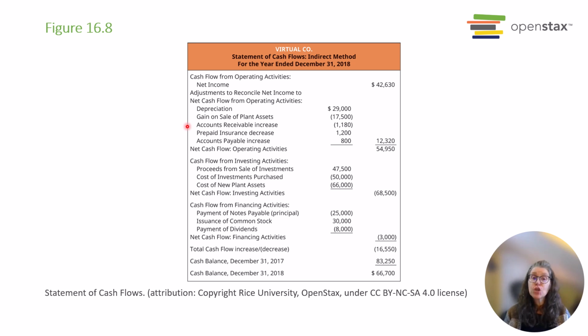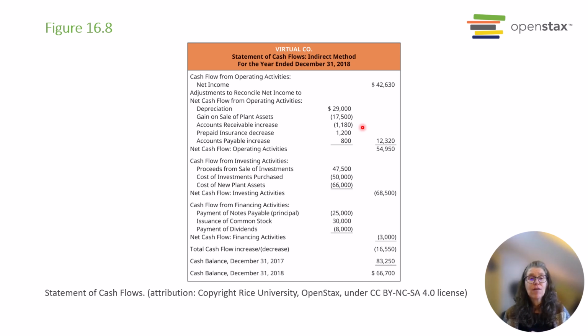Virtual had 2 current assets. Their accounts receivable increased in 2018, and their prepaid insurance decreased in 2018. Remember, this is an area where we're going to flip our amounts, right? And we flip them because when we purchase those assets, when our receivables are managed, it changes the amount of cash coming in or going out.